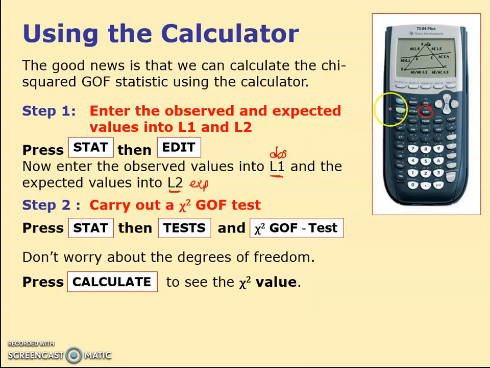You then press Stat again, and rather than pressing Edit this time, you go across to the right-hand side, from memory, and it says Tests. And if you go up or down, you eventually find the one that says chi-squared GOF Test. The degrees of freedom you can physically change to what you think it is, or you can just go down to Calculate. You don't really need to know about the degrees of freedom for that.